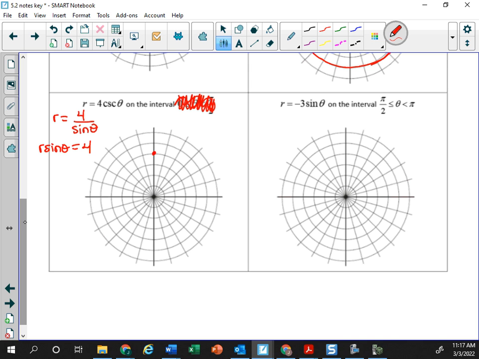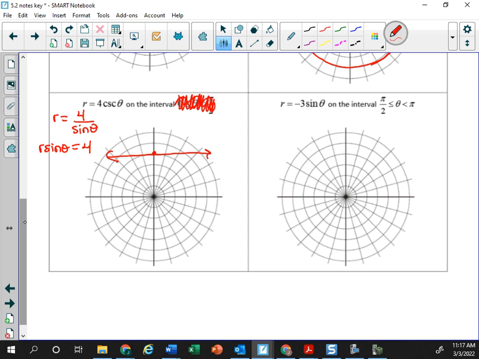So I go up to 4, and then I just draw a line. It always feels weird to draw a straight line through all those circles. You okay with that one? Okay. All right.